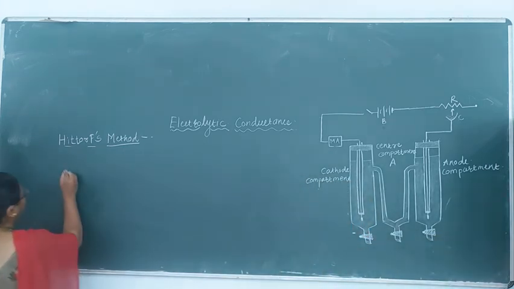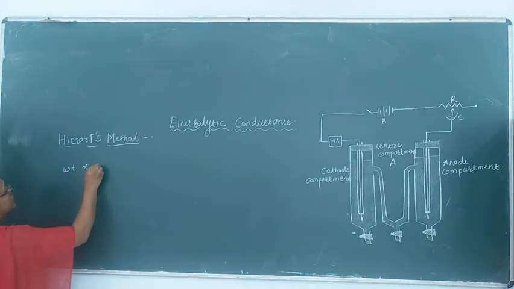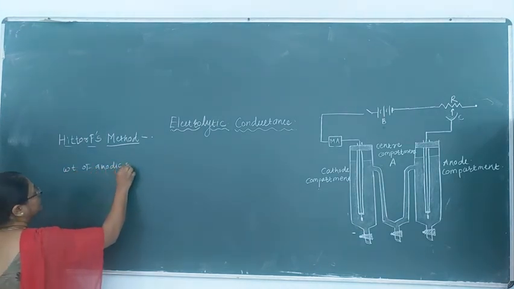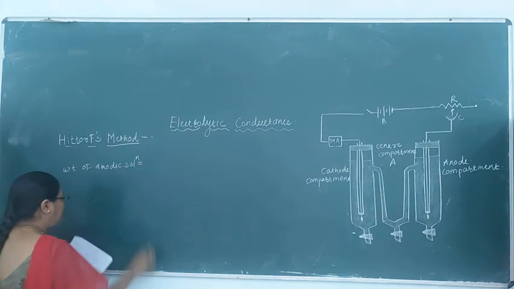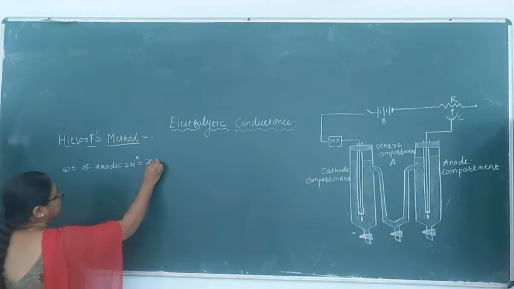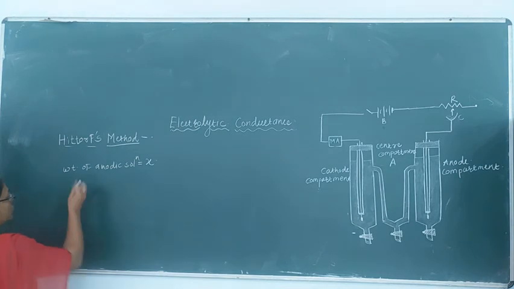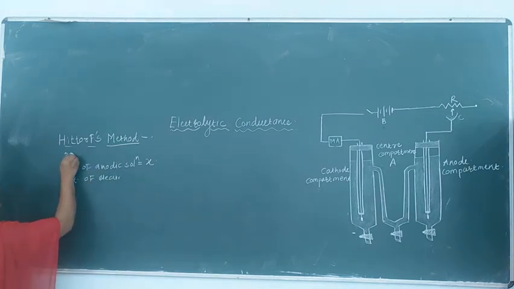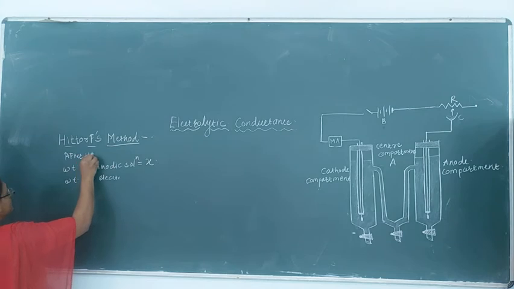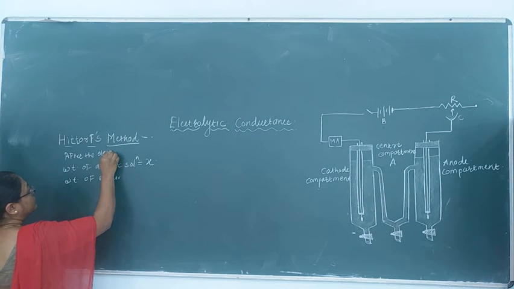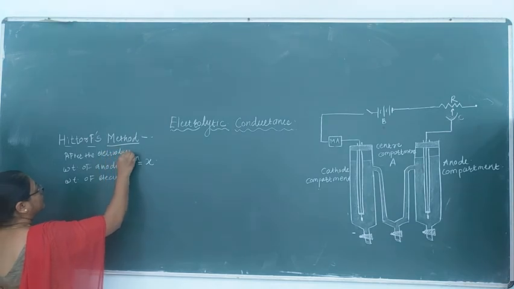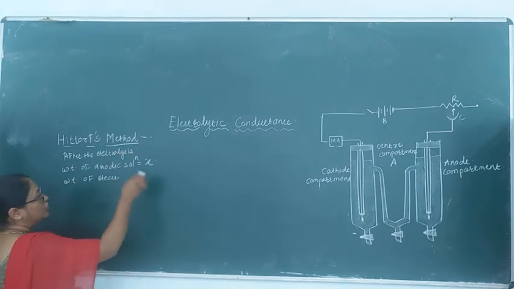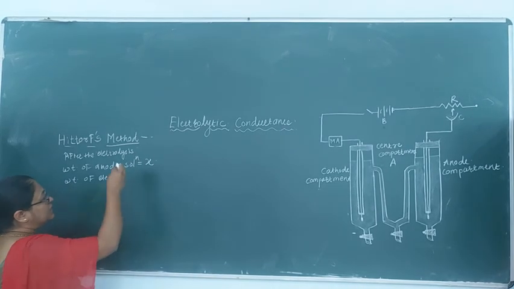Therefore, the weight of the anodic solution taken out, if it is considered to be X, is the total solution after the electrolysis, that means with water, dissolved part and all.